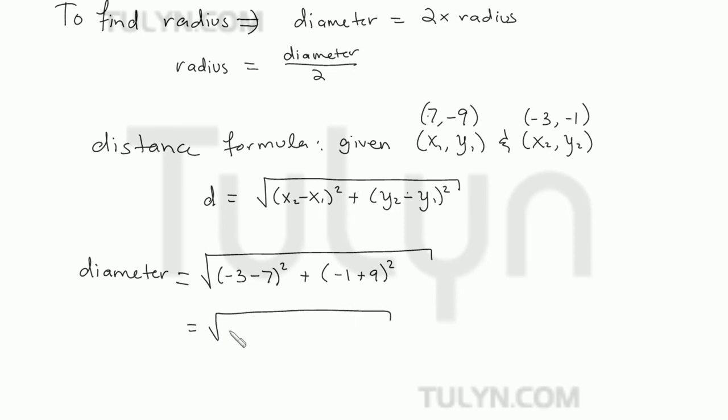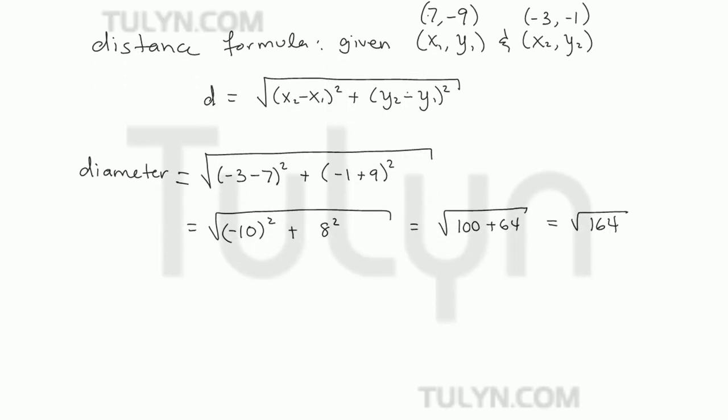So this simplifies to the square root of (-10)^2 + 8^2. So we have 100 plus 64, which gives us 164. That's actually the diameter, but the radius is equal to the diameter divided by 2.